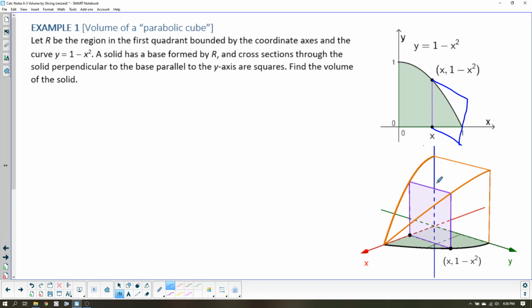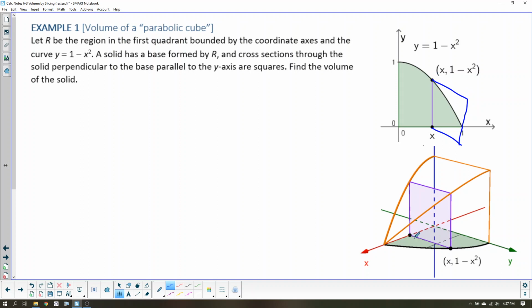So to visualize that a little bit better, I've made it into a three-dimensional picture. The green region here at the bottom is the region that you see up here. And this purple line, that vertical line here, corresponds to the line you see over here. So we've kind of just rotated this around here. And so this is the base of our square, which means it's shooting out of the page the same distance.